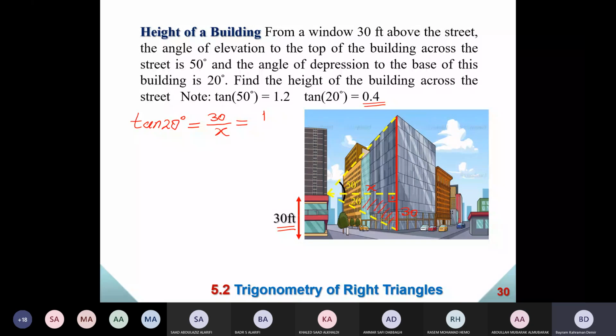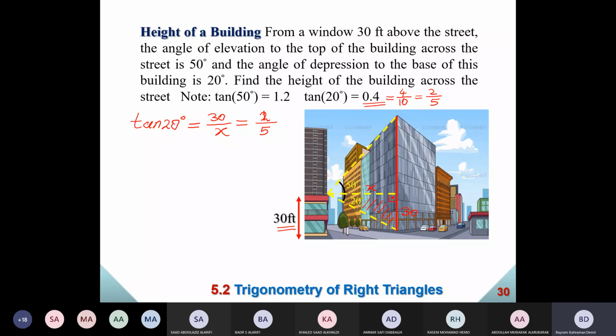0.4 is the same as 2/5, right, Shabab? 0.4 means 4/10, or 2 divided by 5. So it is 2 divided by 5. Perfect.